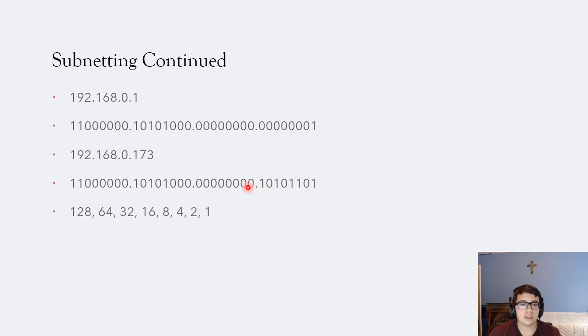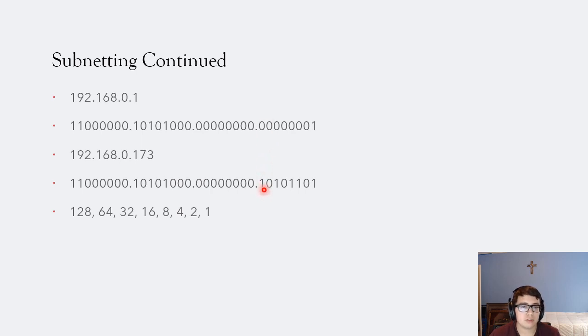So the network address is borrowing 1 bit from the last octet, meaning that the addresses are 192.168.0.0 and 192.168.0.128, since that 1 is the 128 and the bit that's being borrowed.